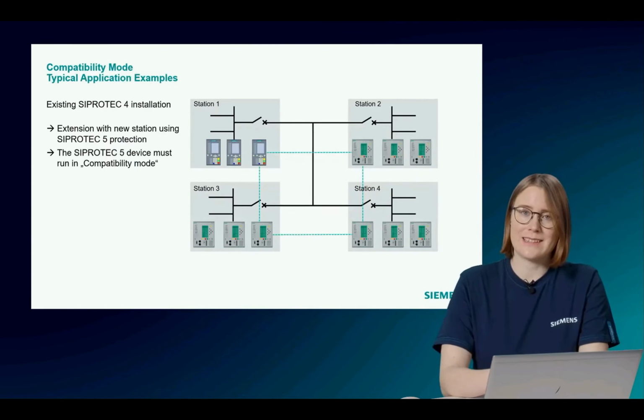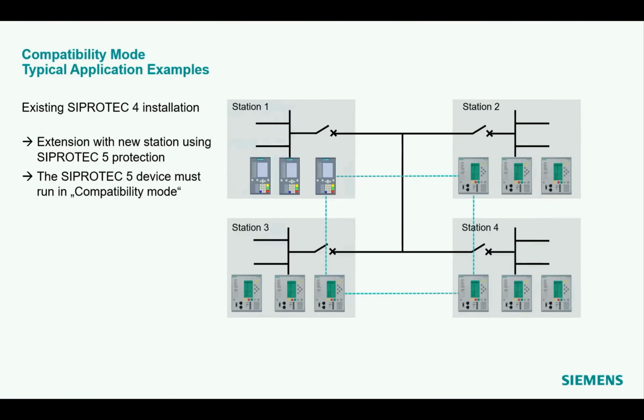On this slide is an example where the customer has 4 stations equipped with SIPROTEC 4, and now station 1 is being renewed and equipped with SIPROTEC 5. So here the compatibility mode is necessary. If there's more than one SIPROTEC 5 device in the topology, a SIPROTEC 5 device within the topology must run in the compatibility mode.